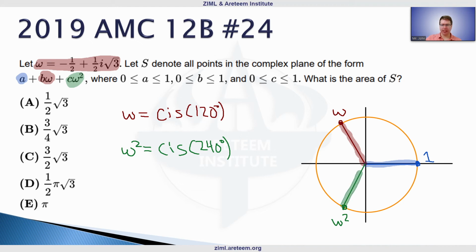So these three spokes, however you want to think about it, are giving us our values here from A, B times omega, and C times omega. We don't have any shape yet. There's no area yet here. And this is where we need to start thinking about combining some of these expressions.